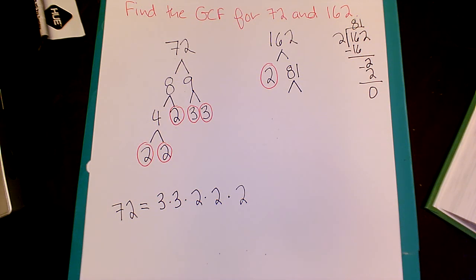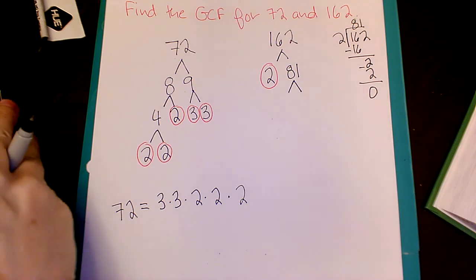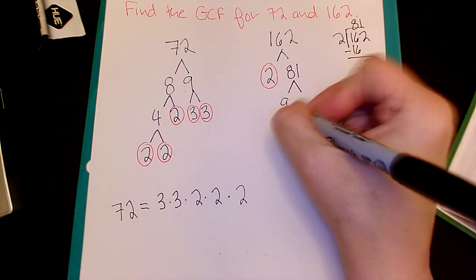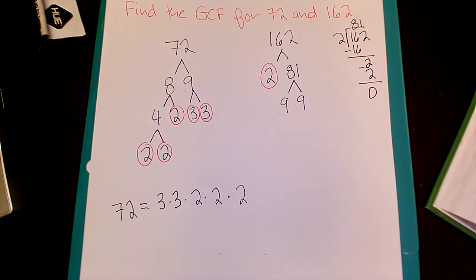I know one right off the top of my head, which is 9 times 9. Or maybe you were thinking of 3 times 27. There's some other ones. You just need to pick two. And I use 9 times 9.